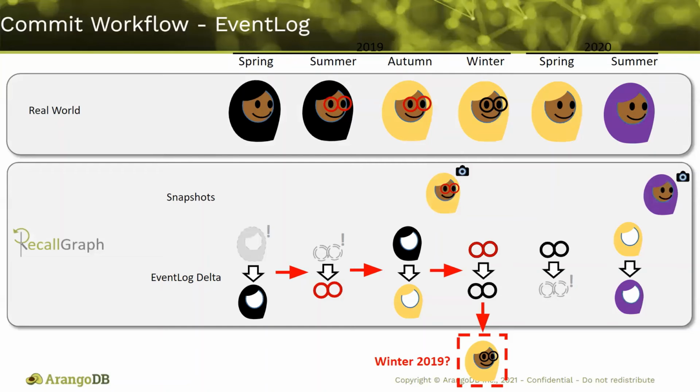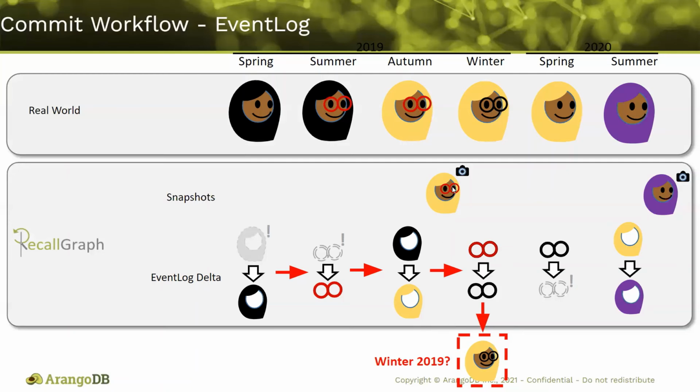So now, again, if we want to answer the question of what Anna looked like during the winter of 2019, instead of having to replay all the events from the beginning of time, we just need to find the nearest snapshot, nearest meaning on the timeline, to the point in time that we are interested in.